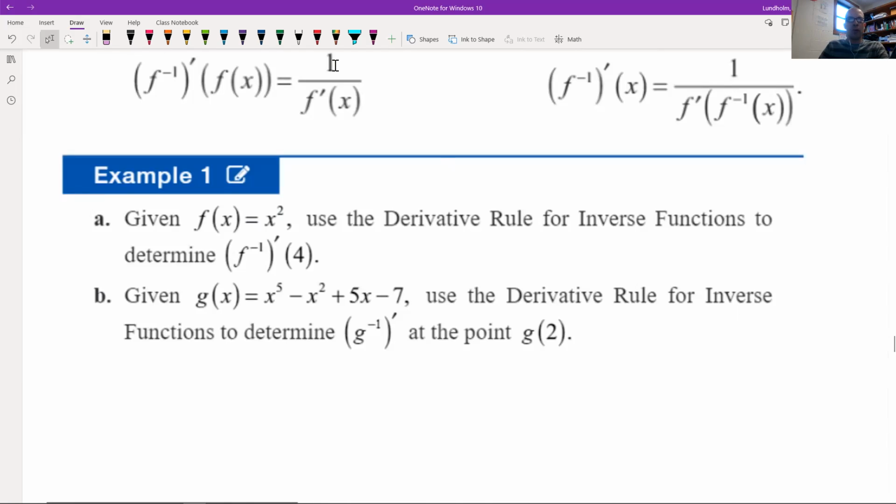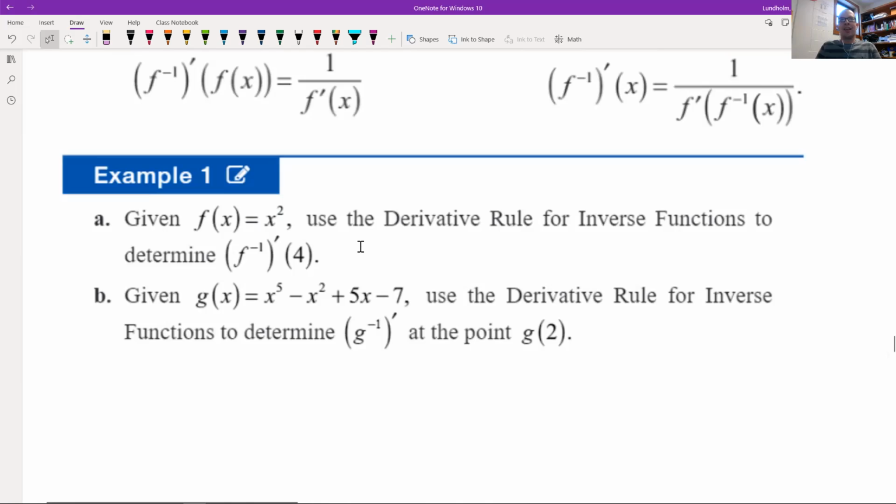What's nice about these formulas is that you don't actually have to take the derivative of the inverse function per se, because that's what this gives you.